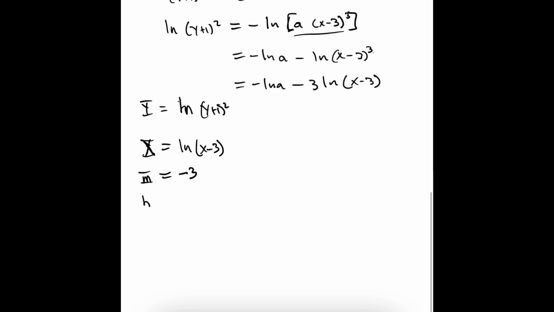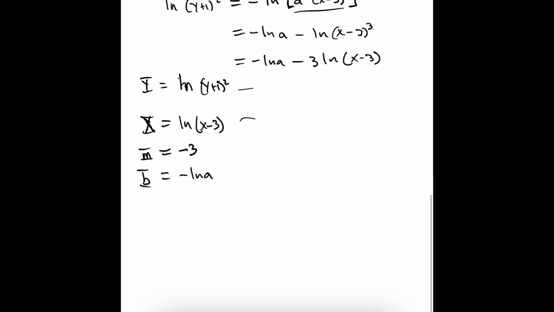And B, our intercept, equals minus ln A. Great, and we could just put that on rectangular coordinates and it would work fine, or we could put it on log plot and that would also work because we've got our x and y are both logs. So rectangular coordinates like this, or we could do log plot and just remove the logs as well. Okay.